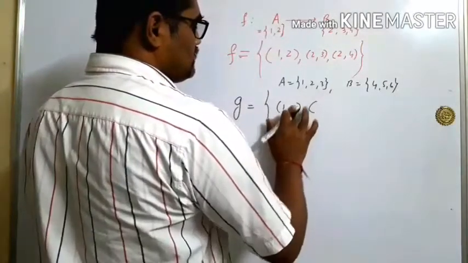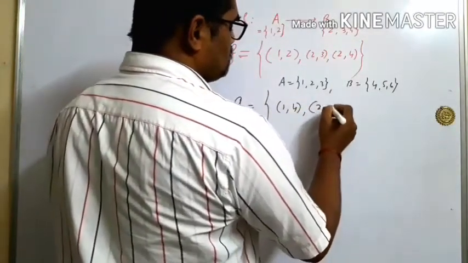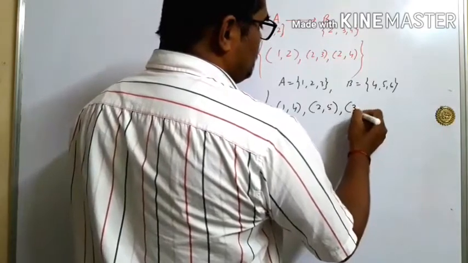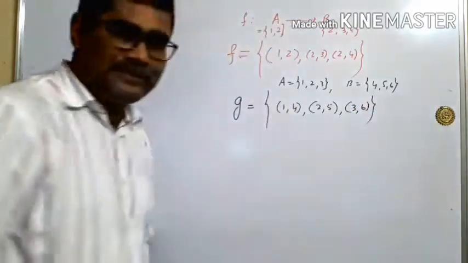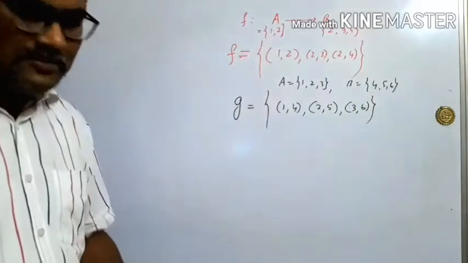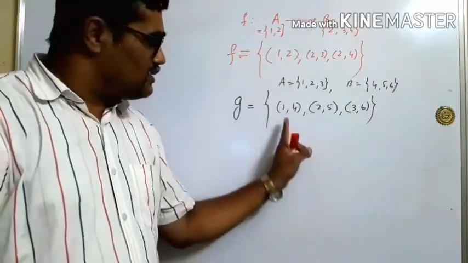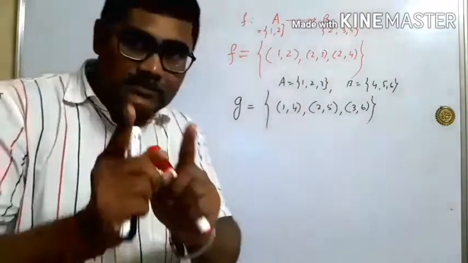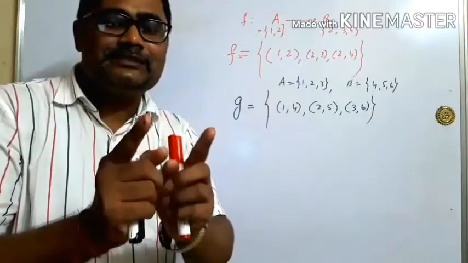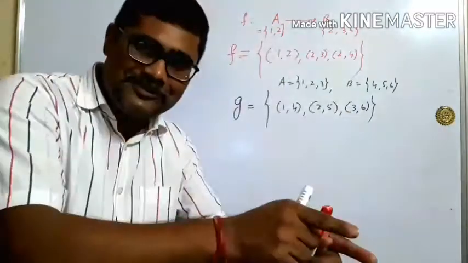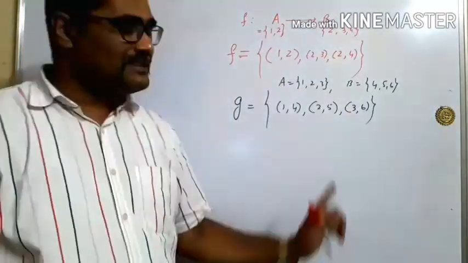So (1,4), (2,5) and (3,6). Will that be a function? Yes, that's it. That will be a function. Every element is present and it comes only once. That means every element has a unique image. So it is a function, right?